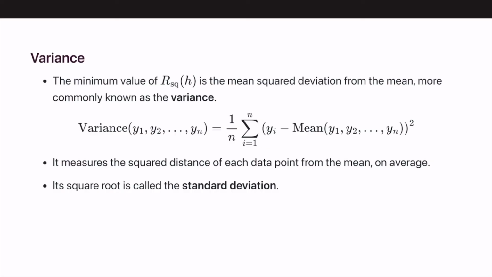Another way to think about this mean right here is that you would probably see it written normally as 1 over n, the sum of y minus y bar.